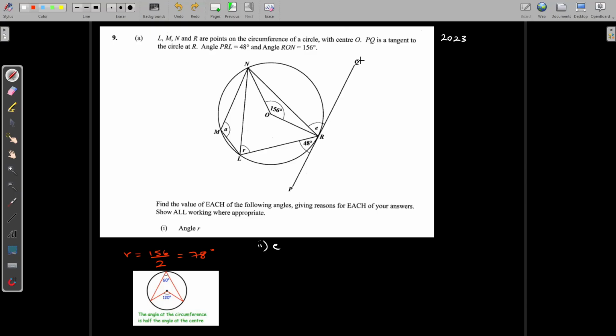And what do we know about the radius and the tangent? A radius that touches the tangent forms what? 90 degrees. So we know that all of over here is 90 degrees. So can we find this little inside angle?